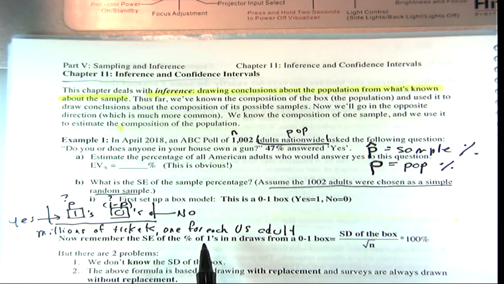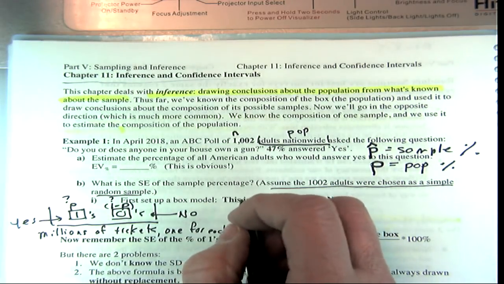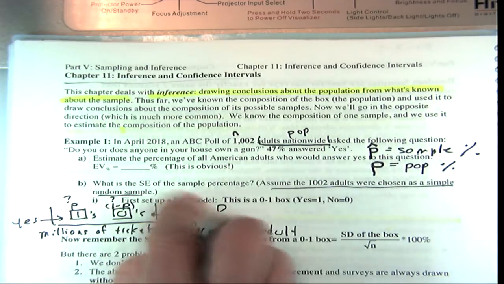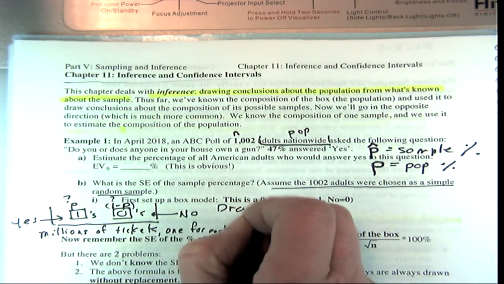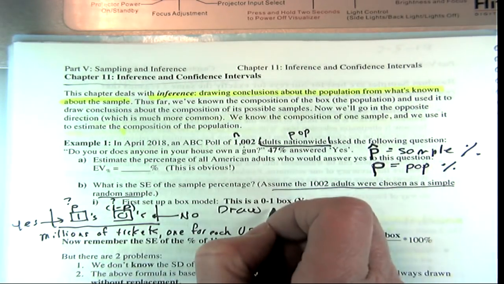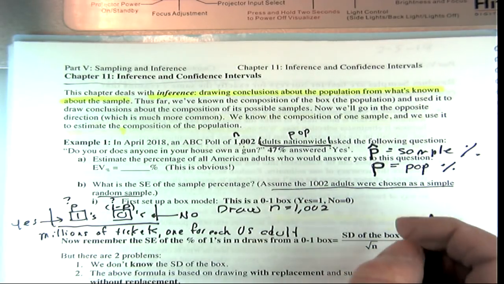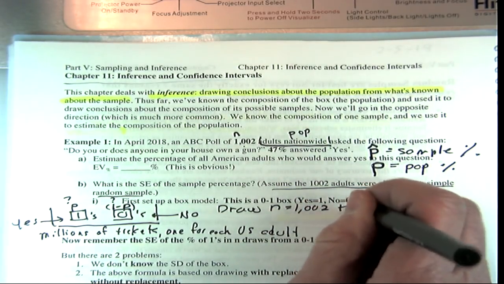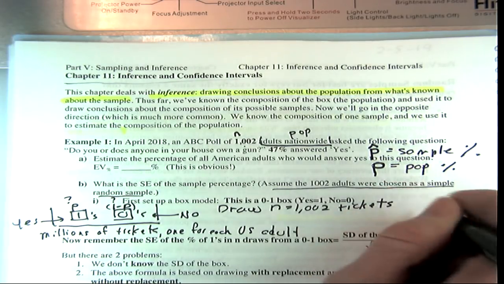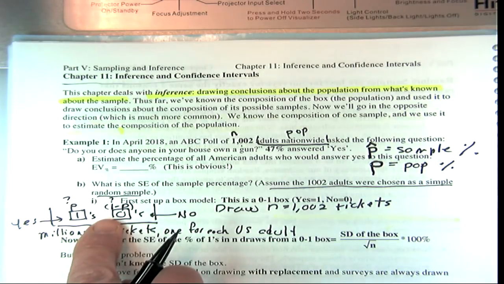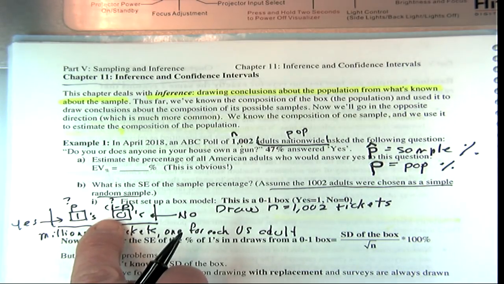And then what are we doing? We're going to sample. What's our sample size? From this box, we draw n equals 1,002 tickets, right? Now, usually in gambling games, we draw with replacement. But here, we don't want to sample the same person twice. You don't want to call the same person twice.